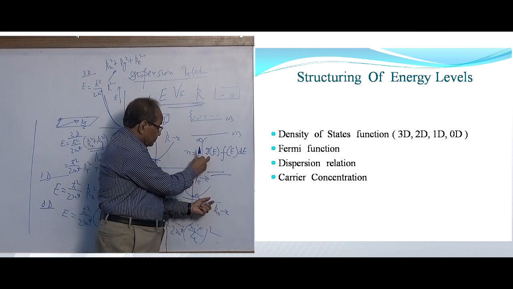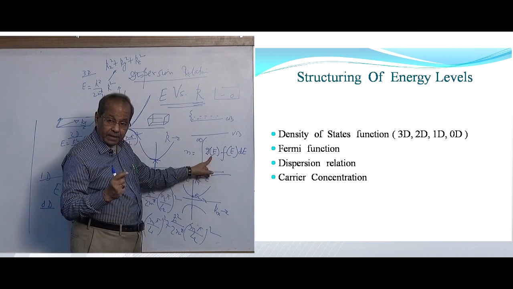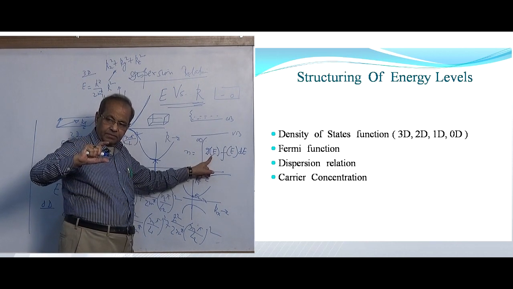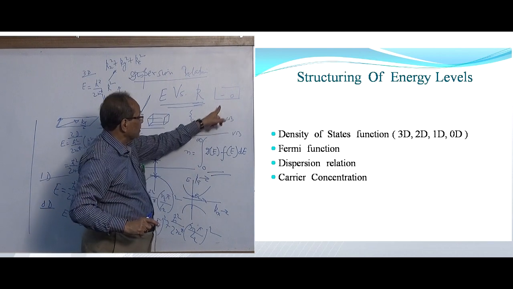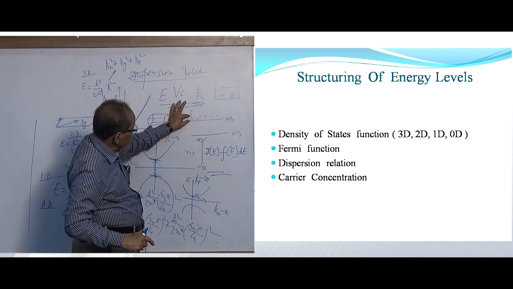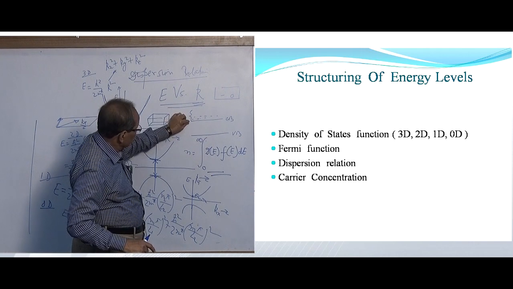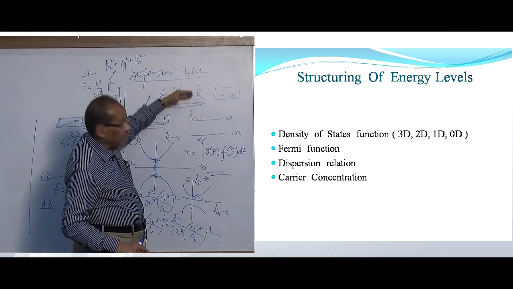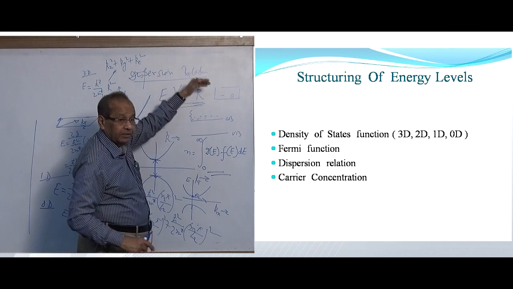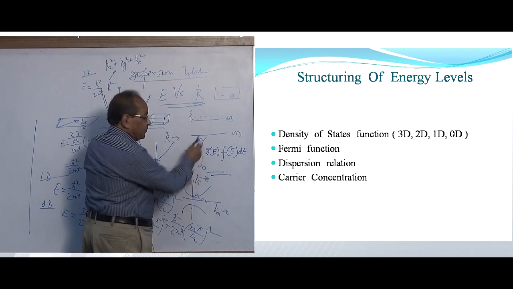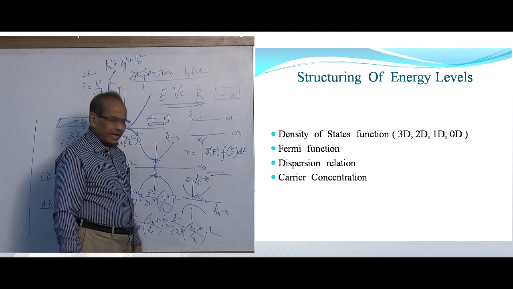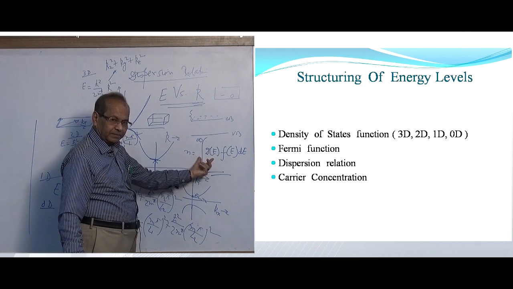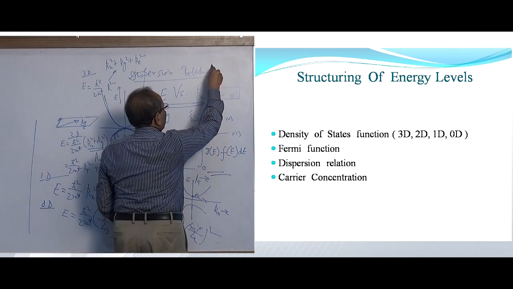Number of electrons per unit volume, but per unit energy distance. But inside the semiconductor, why should I take only a unit difference, as long as the electron levels are there? So I am taking from 0 to infinity. There is a cutoff point, no matter, it will not hamper the mathematics, because after the cutoff point all will be 0.